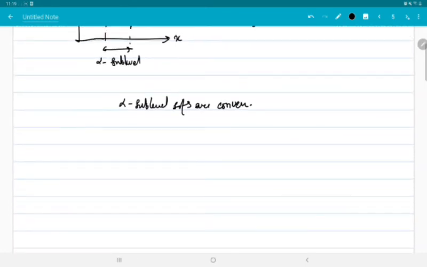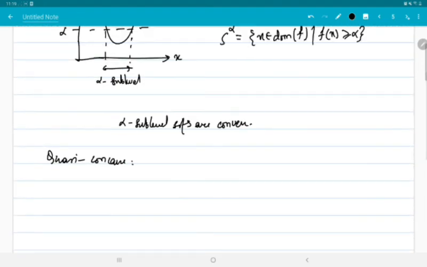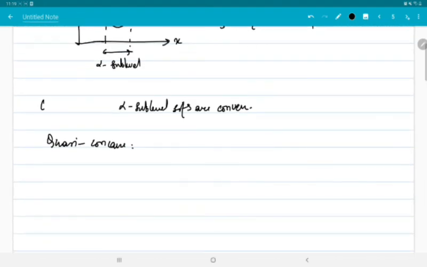Similarly, there are quasi-concave functions, and quasi-concave is just the opposite of quasi-convex. This is quasi-convex. Here it is superlevel sets, so alpha superlevel sets are convex.